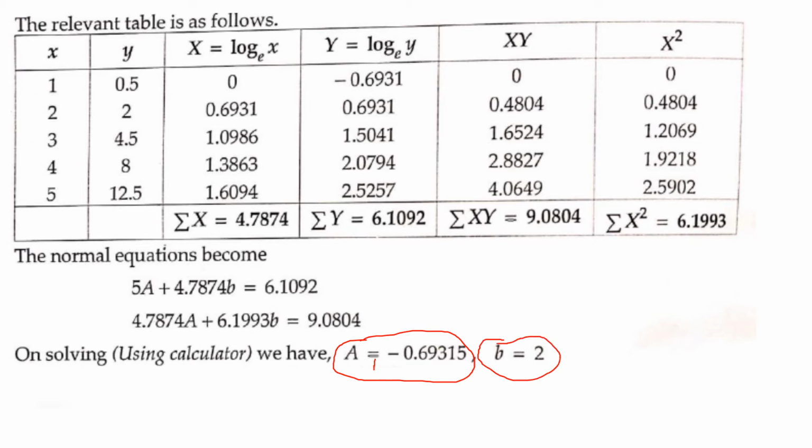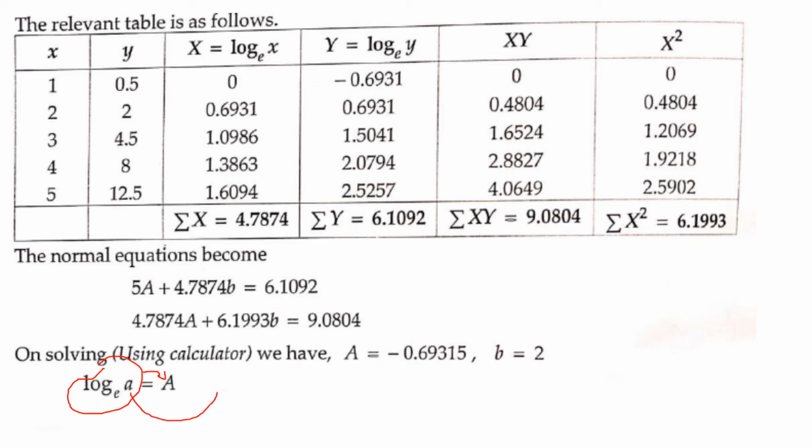From this capital A, we need to find the small a value, as we have already seen the expression to find small a. Since we had taken log a to the base e as capital A, therefore by applying antilog on both sides, small a is equal to e to the power capital A. See, this is the value for small a.